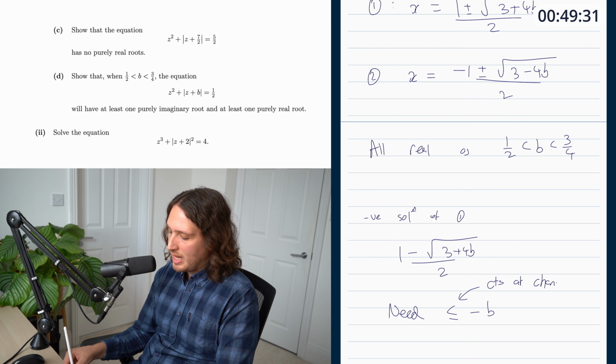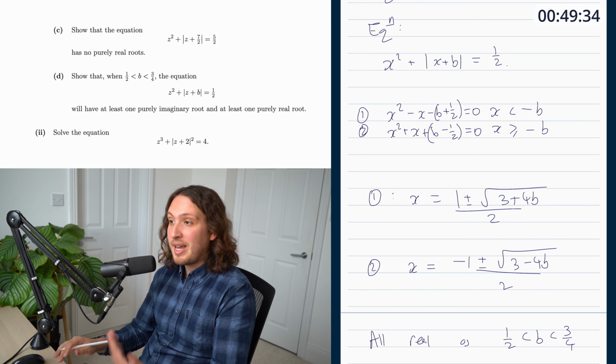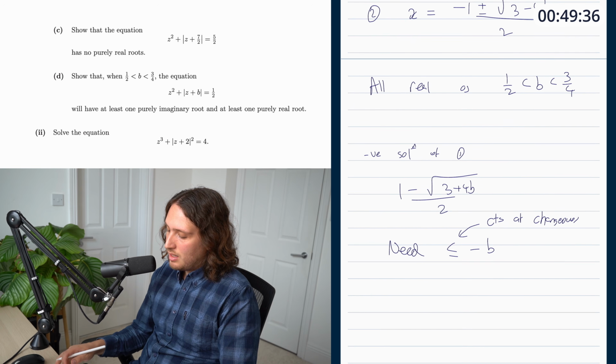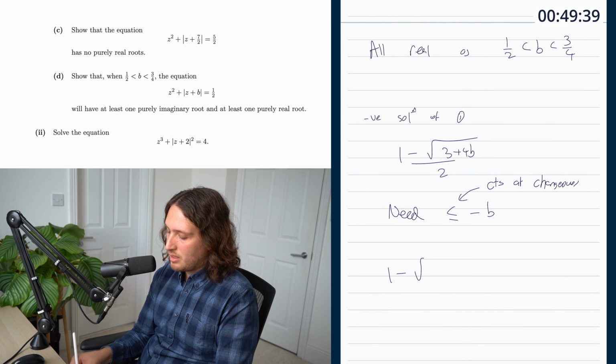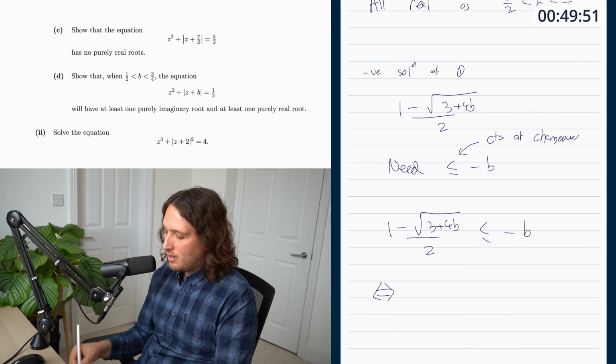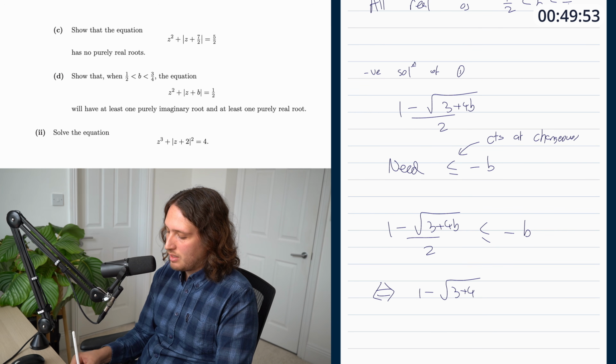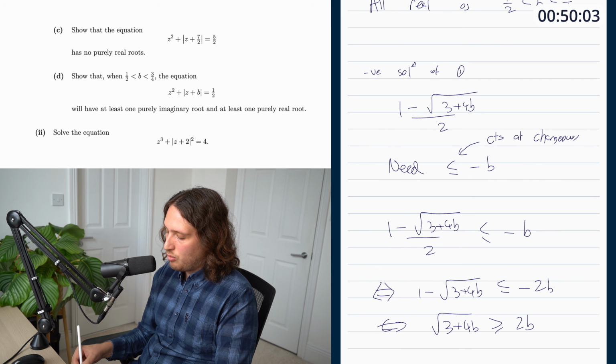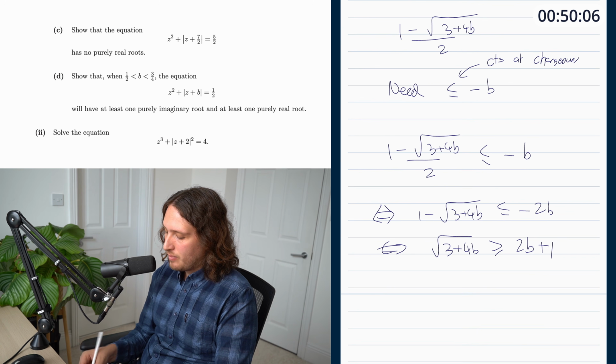So equal to would be okay as well, because I could use either equation at the changeover point. So 1 minus square root 3 plus 4b over 2 less than or equal to minus b is equivalent to, better make it clear I'm using reversible logic, 1 minus square root 3 plus 4b less than or equal to minus 2b. That's equivalent to square root 3 plus 4b greater than or equal to 2b plus 1.